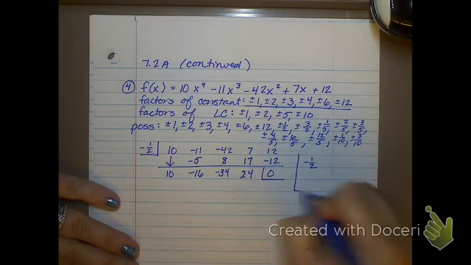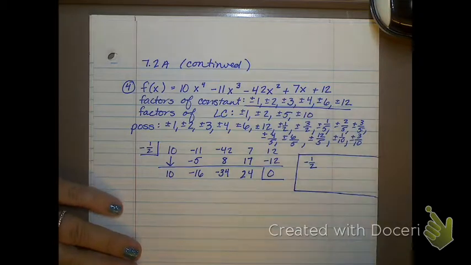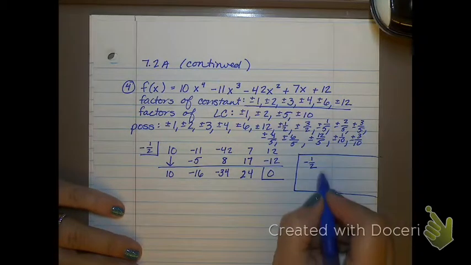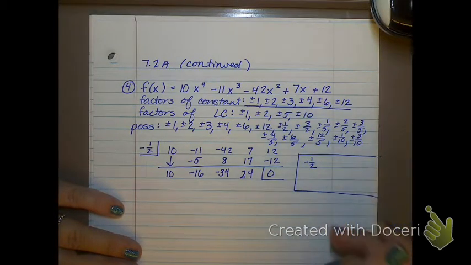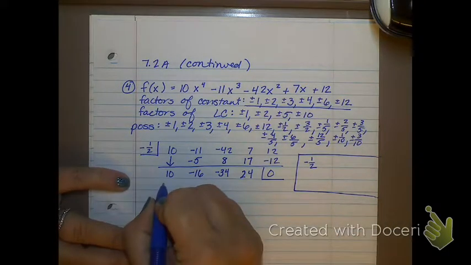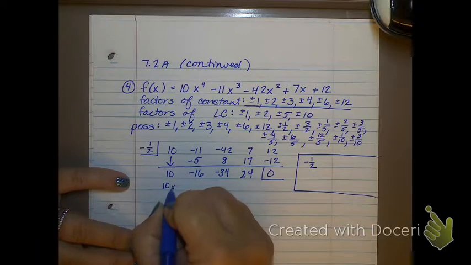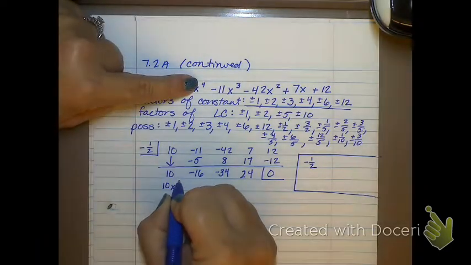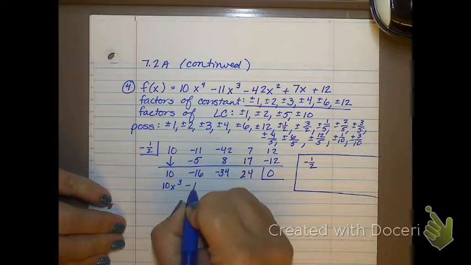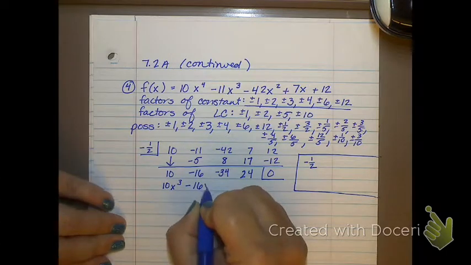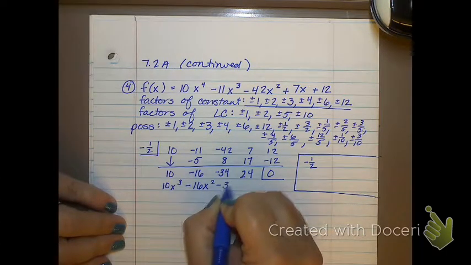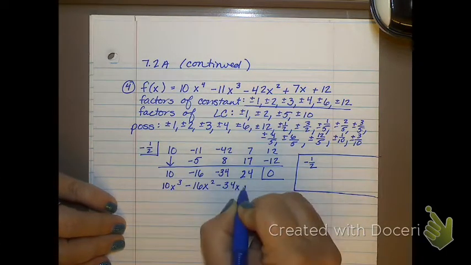I'm going to make my answer box over here. Notice I made my answer box really big because I have no idea what the other zeros are going to look like. They could be quadratic formula answers. So I have 10x to the what? Third. I was at the 4th, now I'm to the 3rd, minus 16x squared minus 34x plus 24.